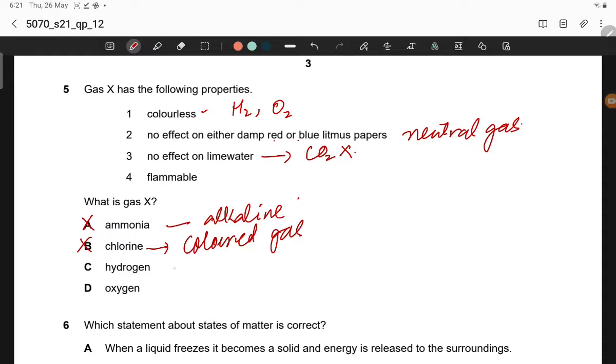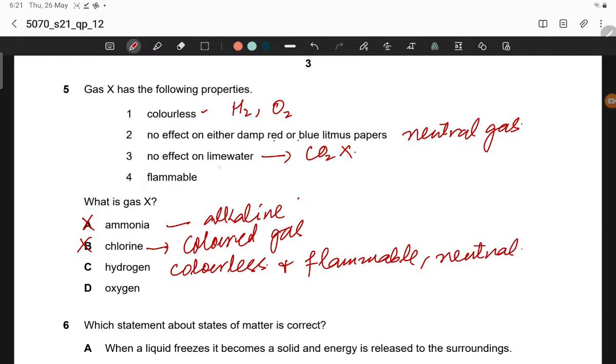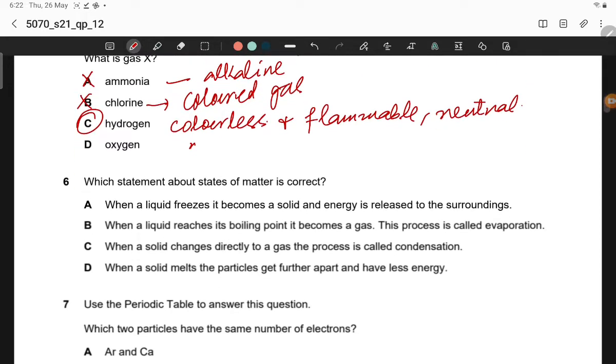Hydrogen is colorless, and flammable, and neutral, with no effect on lime water, so hydrogen is the correct option. Oxygen is colorless, not flammable, so hydrogen is the correct option.